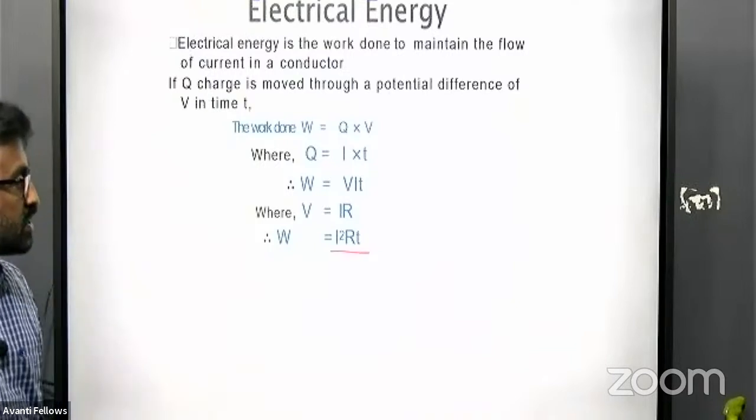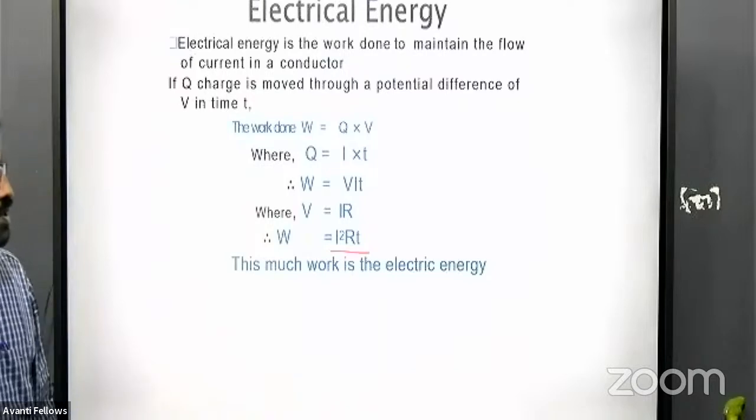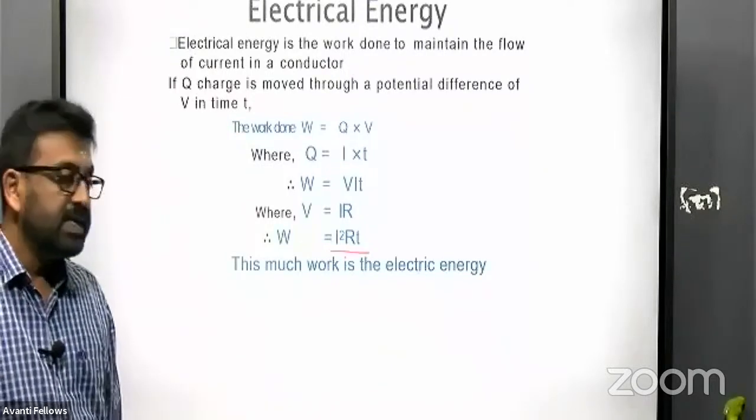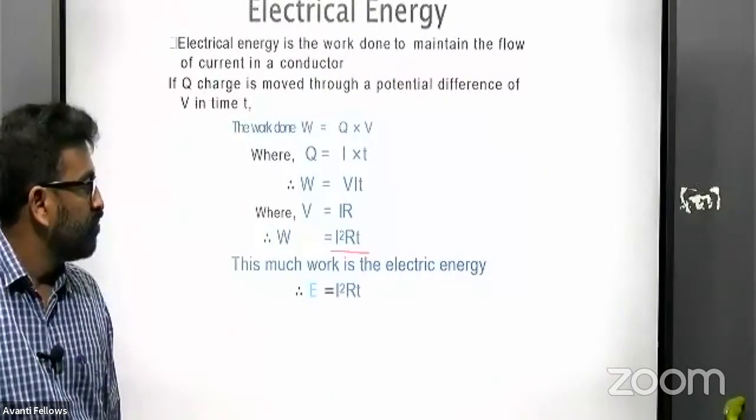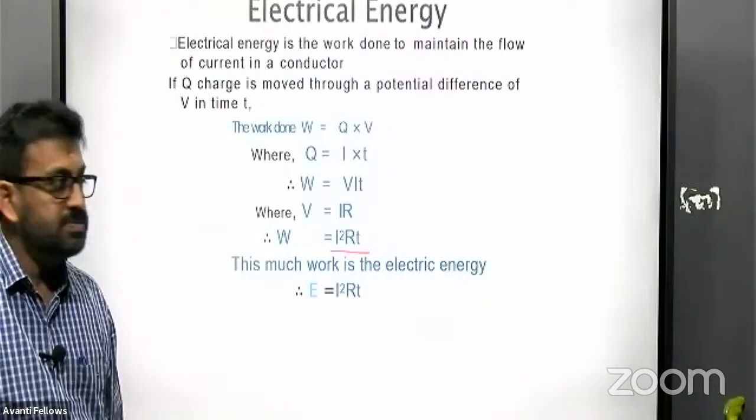R is the resistor, I is the current, T is the time. This work is the electrical energy, so electrical energy equals I square RT.